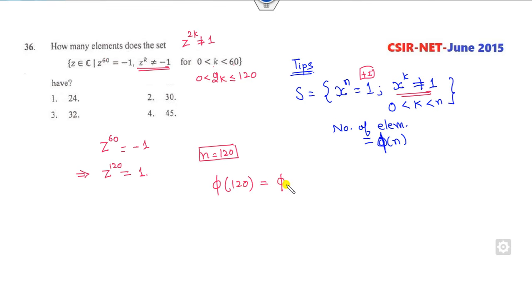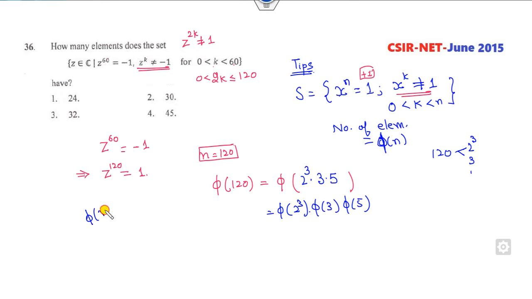How can you write phi of 120? You can convert this 120 into prime factors. So it is 2 raised to power 3, times 3, times 5. So I can write this as 2 cubed, 3 to the power 1 and 5 to the power 1.